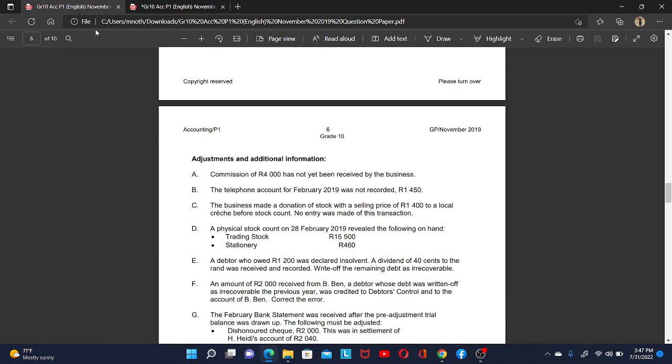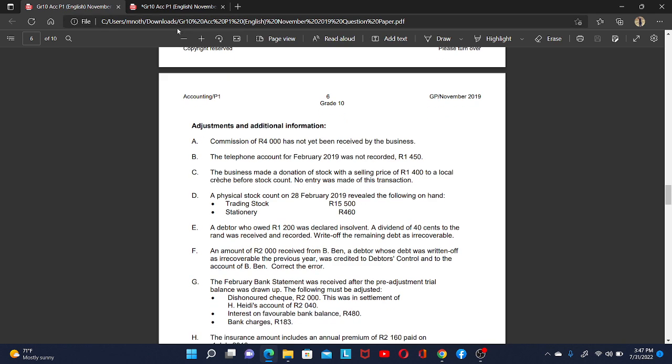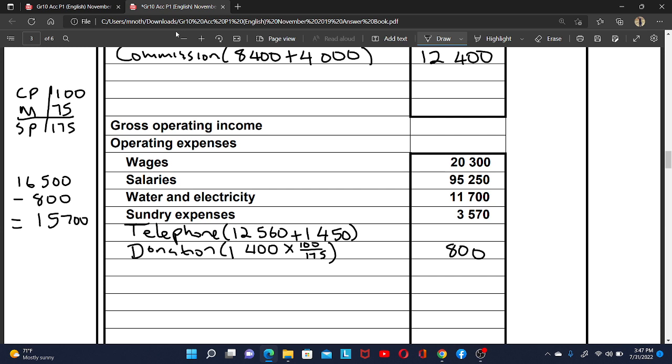Number 10. A physical stock count on 28 February 2019 revealed the following on hand. Trading stock is 15,500 on hand. The stock we have before stock count is 15,700, so this shows that we have a trading stock deficit.